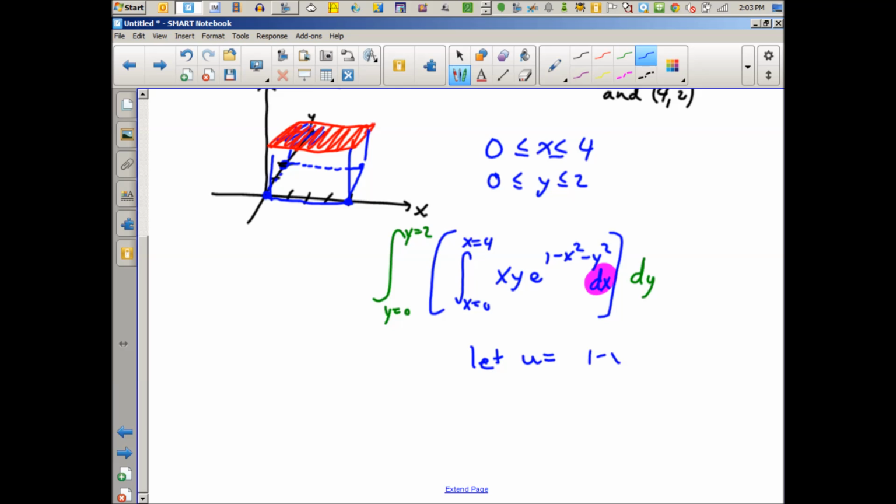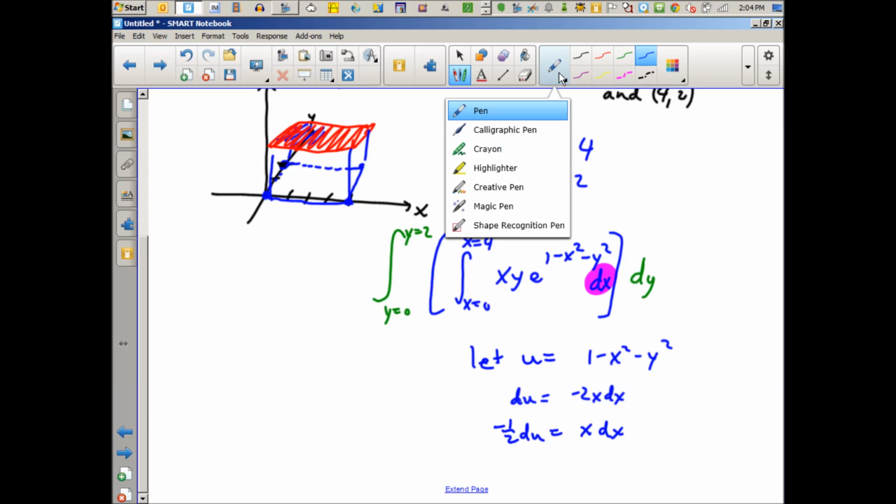Yeah, 1 minus x squared minus y squared is a great choice. Because the du is perfect. It's just negative 2x dx. What happened to the y? It's a number, right? So I guess this is like a partial du or something. Don't worry about that, okay? Don't curl the d's. I've never seen anyone curl the d's here. Negative 2x dx. Okay, so negative 1/2 du is x dx.